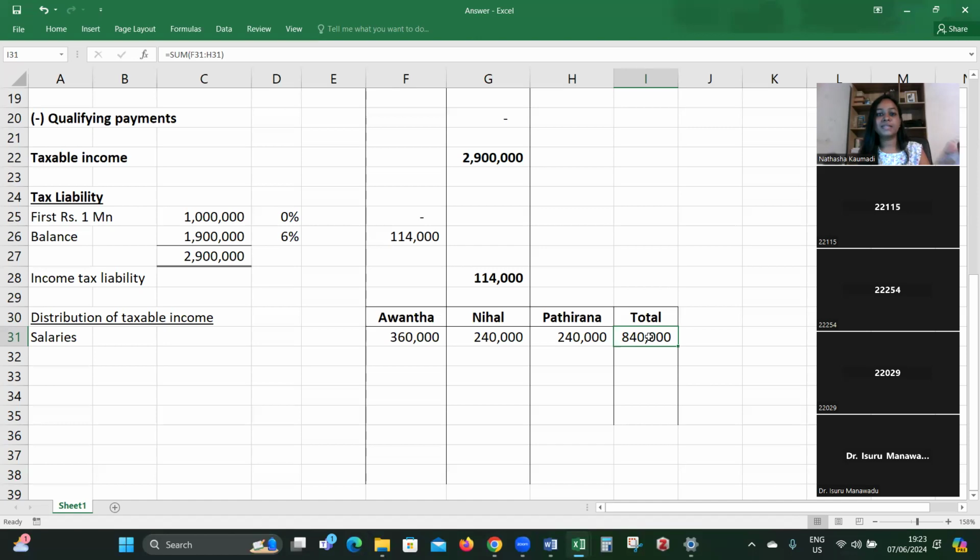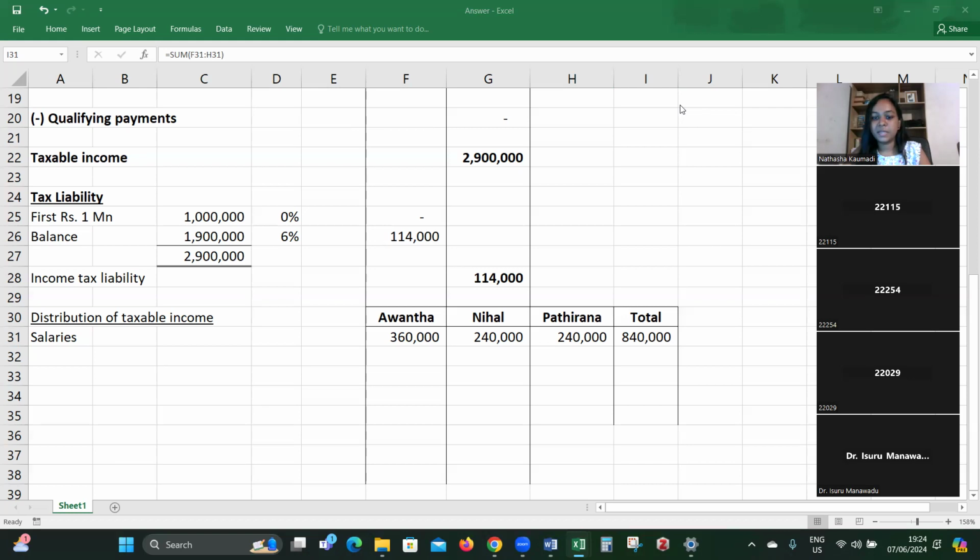Now what is the balance? Balance taxable income. Now total taxable income is 2.9 million. 840 we have distributed as the salaries.